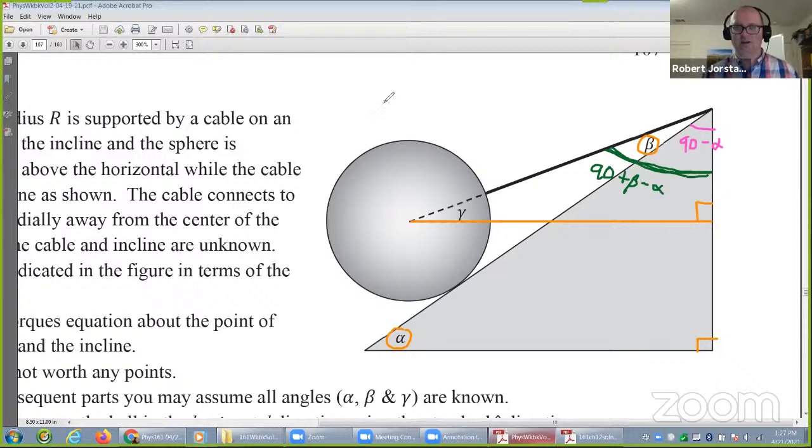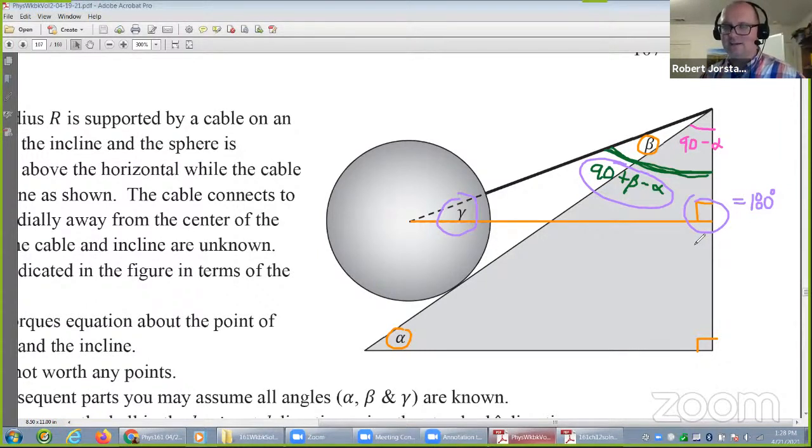And then what Esteban's saying is this angle plus this angle plus this angle equals 180, and solve for it. And that was the trick in this problem. Everything else is geometry, or I mean, just forces. Does that make sense?